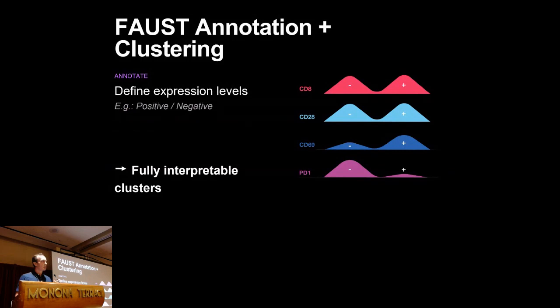For each cellular phenotype, like these surface markers here, our method annotates the expression levels with human interpretable labels, like positive or negative, for instance in the case of these bimodal expressions. Doing this allows us to easily group cells together in meaningful and interpretable clusters.